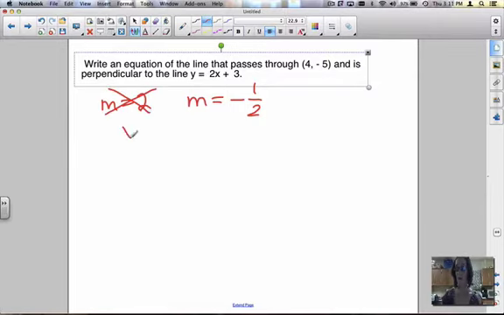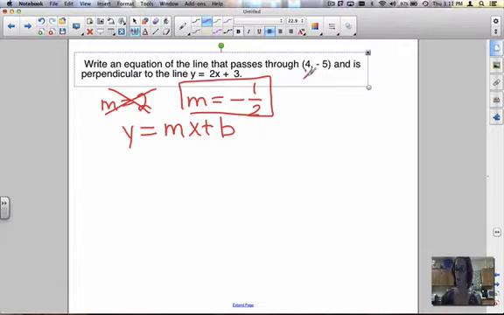So I'm going to do something similar as what I did for my parallel line. However, this time I'm using my new slope to plug in. So I have x, y, and my new slope. So it's -5 = -1/2 times 4 + b.